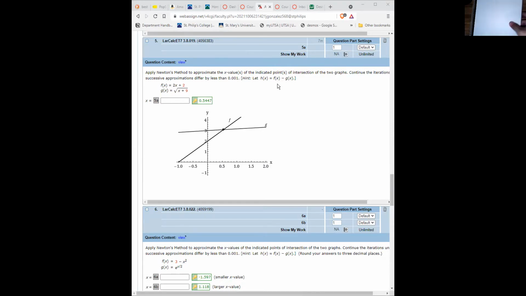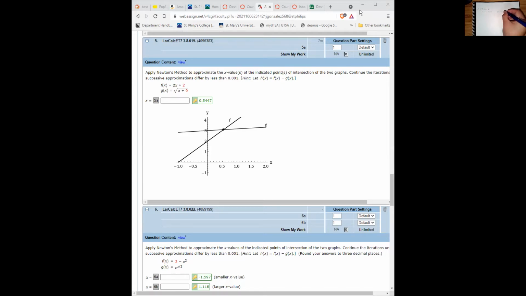So for number 5, we are given two functions that are intersecting. Let me write them down, then I'll switch over.